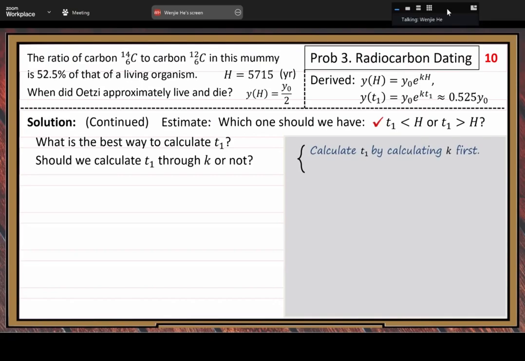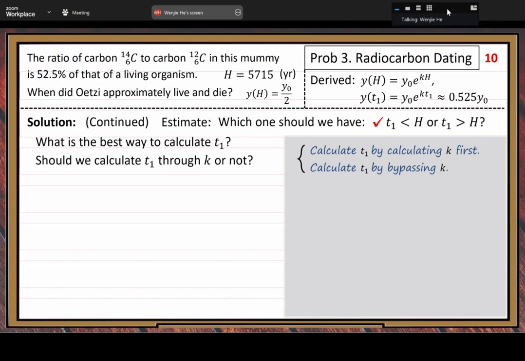If you calculate T1 by calculating K first, that's the first way. The second way, we bypass K, so we do not calculate K. Remember the previous example, we bypassed constant C, right? We found a smart way to bypass constant C. Here, can we use a similar smart way to bypass K?